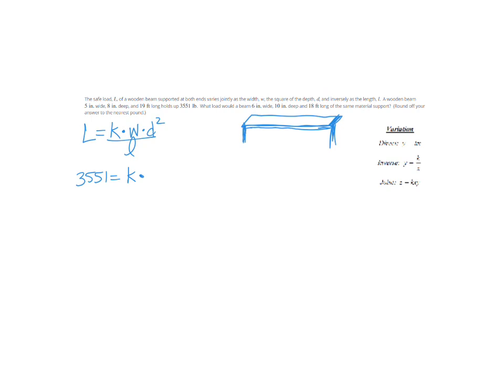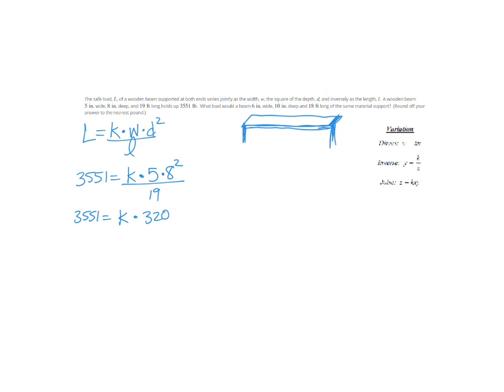The width is 5. It's 8 inches deep, and it's 19 feet long. So I'm going to take K, and it's going to be 5 times 64. Oh, I lost my piece of paper. Here it is. Okay. I get 320 for all of that.